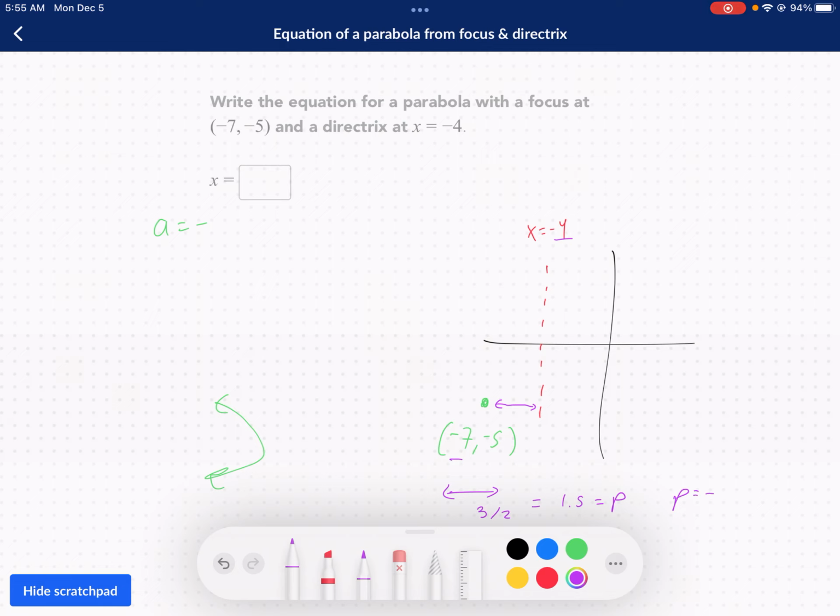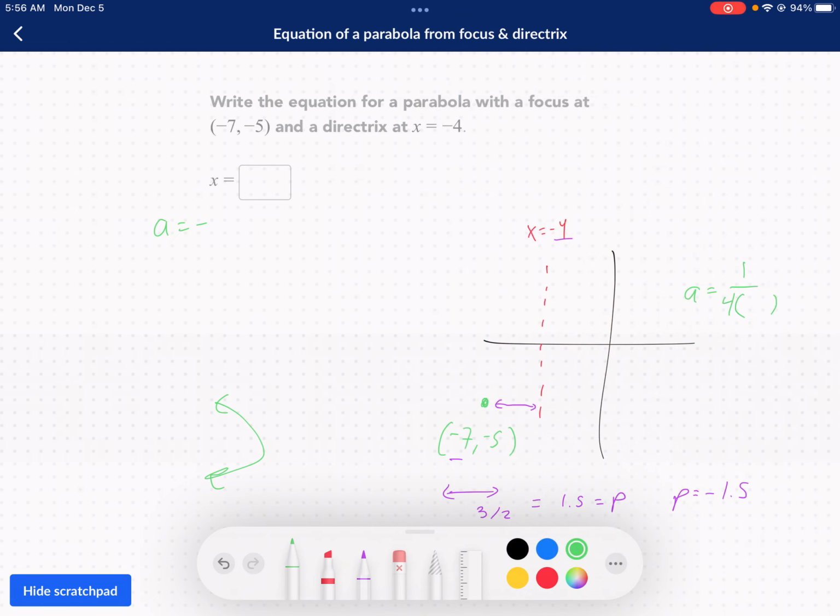Now, keep this in mind: p is going to be negative 1.5 because it's opening to the left. So this is not a super easy one, but we can still do it. It's just going to have a decimal. That's not a huge deal. I might as well find my a value by going 1 over 4 times negative 1.5.